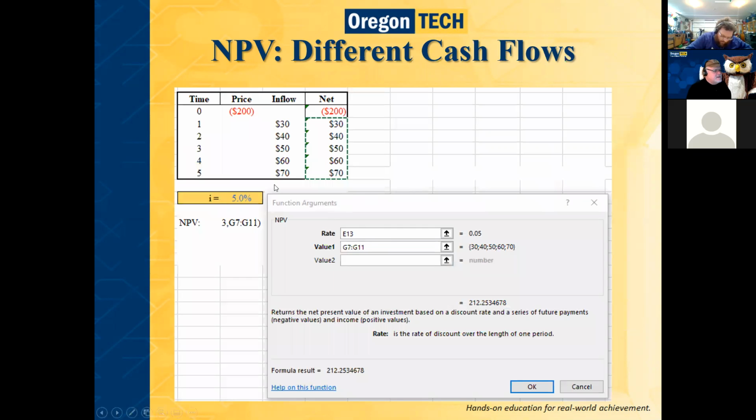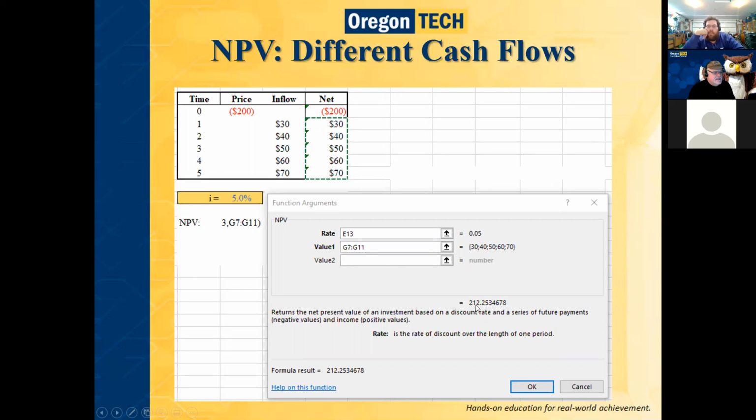So again, here's what the function looks like. I did mine in 2 columns: price, the machine, inflow. I highlight, I pull up net present value in the functions, rate, 5%, highlighted in my case, G7 to G11.